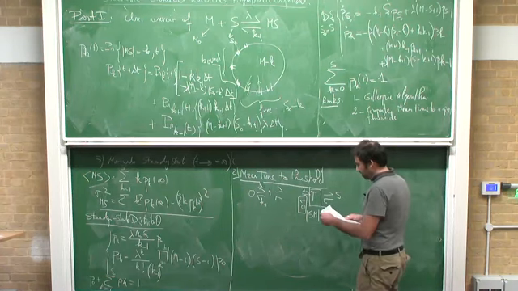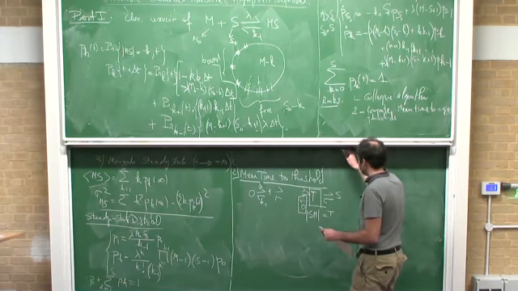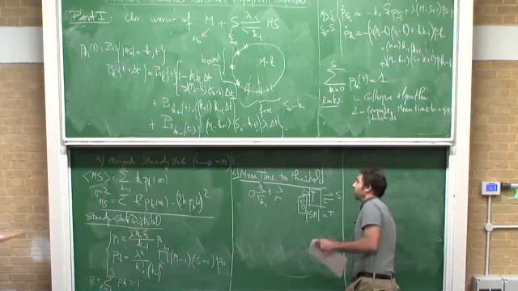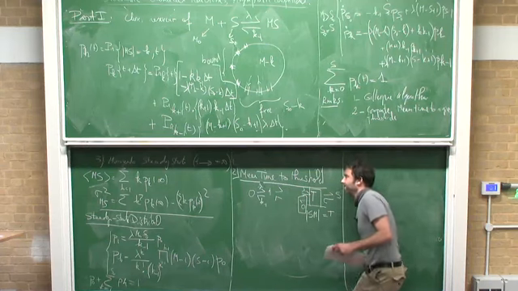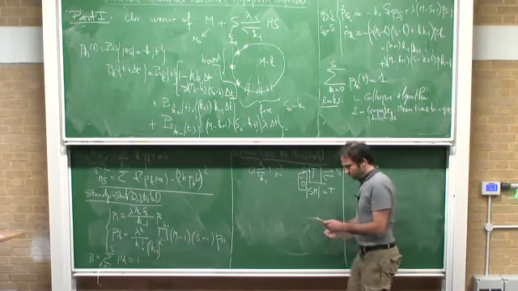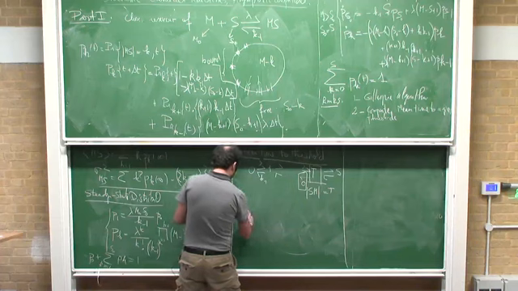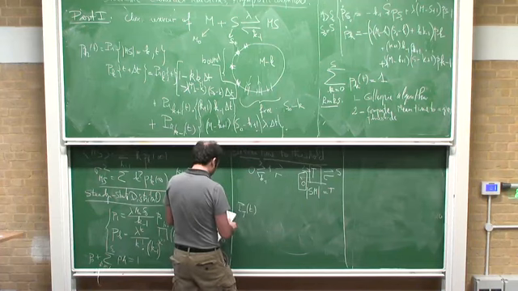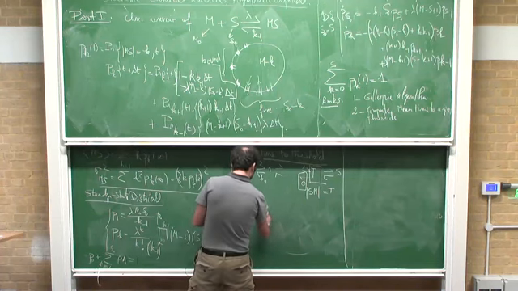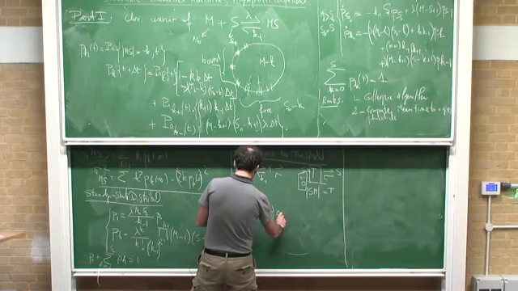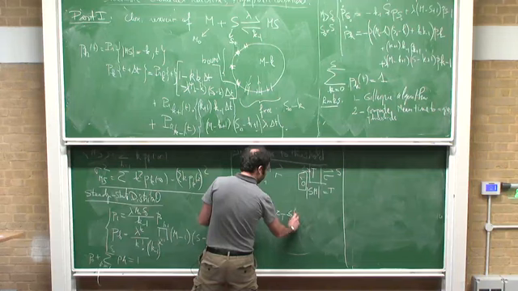Okay, so now let's write it slowly. So the probability to have reached the threshold before time t, which is really the distribution.